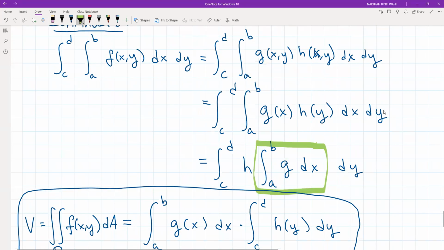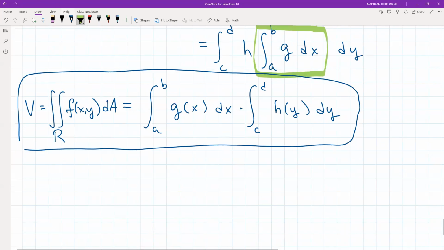Likewise, kalau saya guna dy dx, maksudnya saya tukar dia punya interchange the variables, yang tu keluar yang tu ke dalam, saya akan dapat definition yang sama.